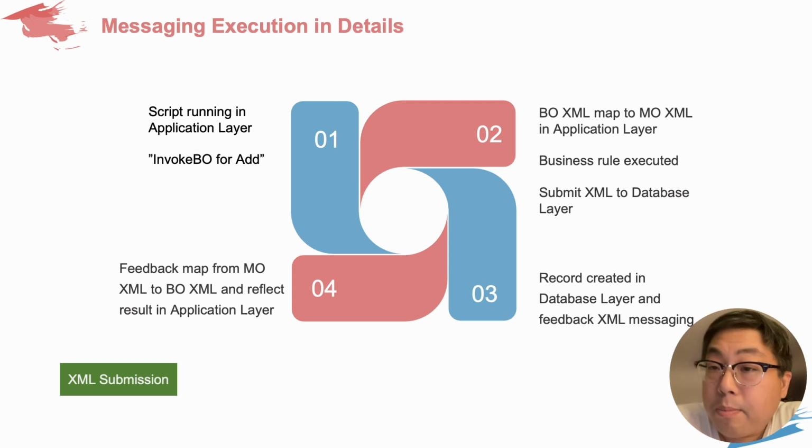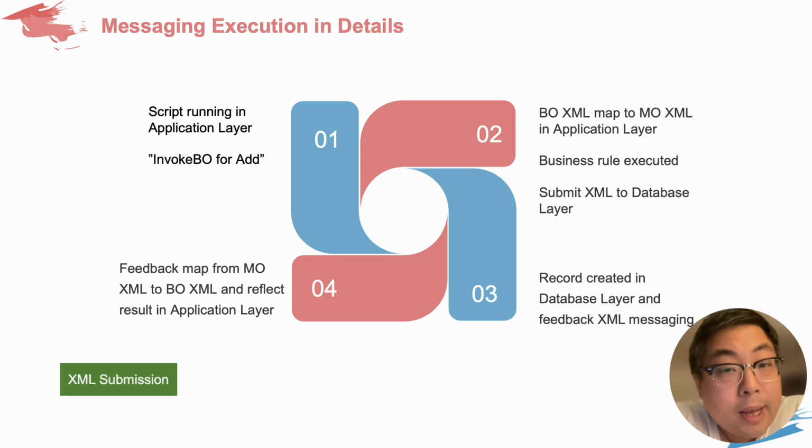Actually, there's one point I want to mention. I don't know if everyone has been navigating through this business object and maintenance object. There is a link on both business object and maintenance object for the XML. If you're interested, you can look at the XML and find out the difference between them.